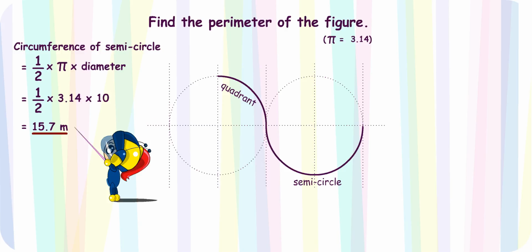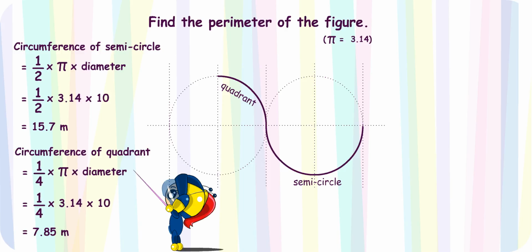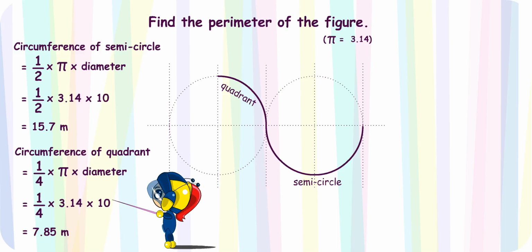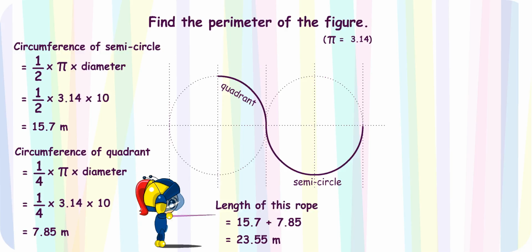It is 15.7 meters. The circumference of the quadrant is 1/4 times pi times diameter, which is 1/4 times 3.14 times 10 meters. It is 7.85 meters. The length of the rope is 15.7 meters plus 7.85 meters, which is 23.55 meters.